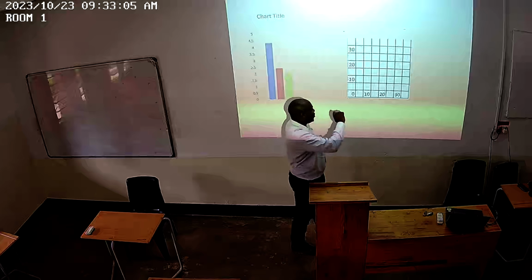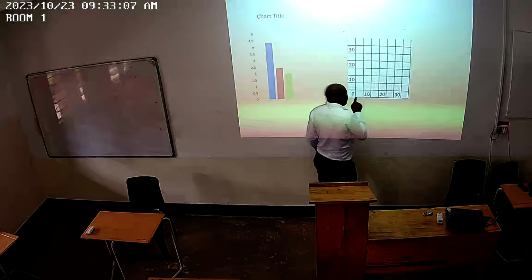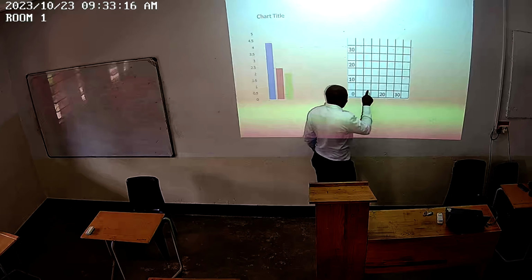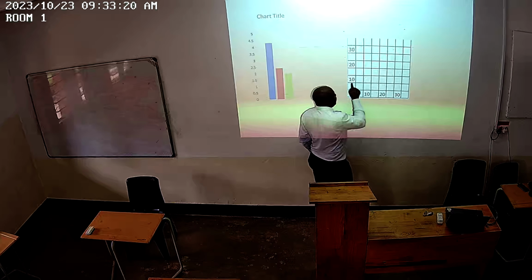Let's just use that assumption. So from 0, if the line is starting from here, it means on day 0 or 1 there was no absenteeism. By day 10, let's say 5.